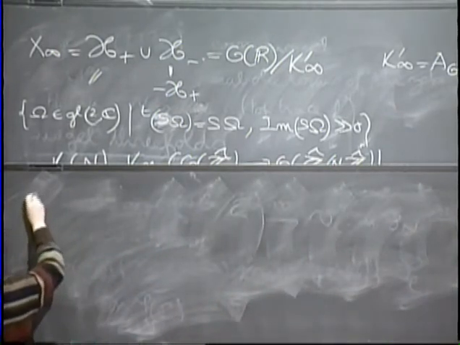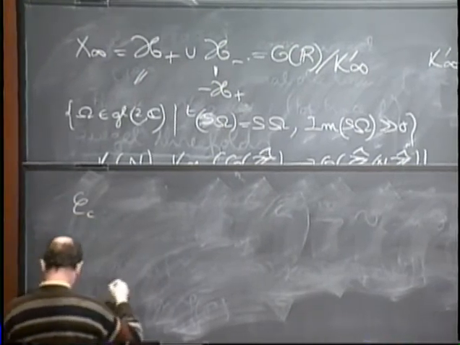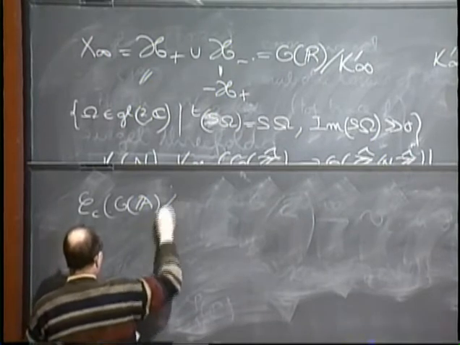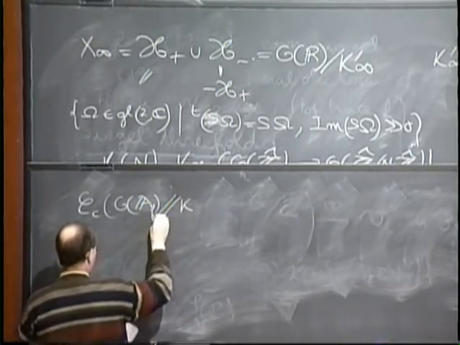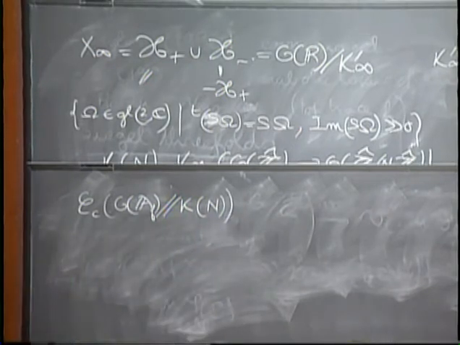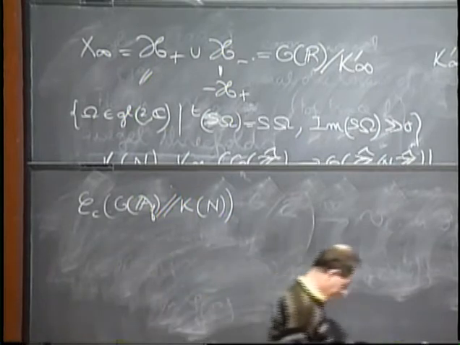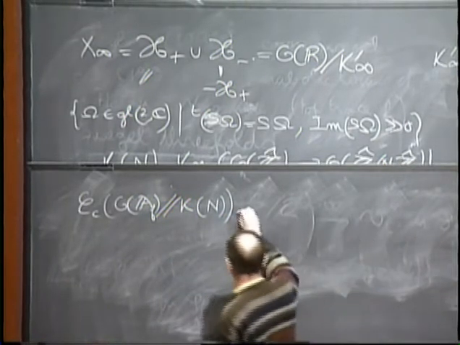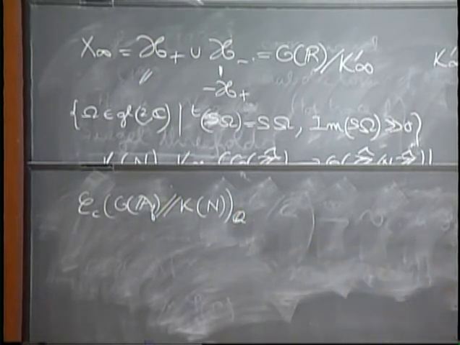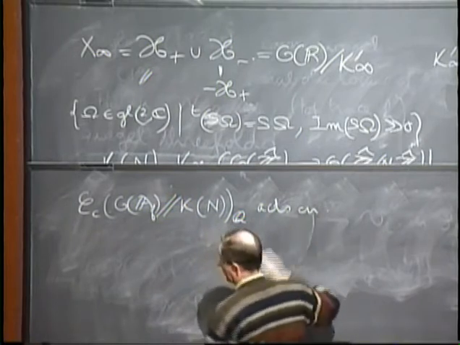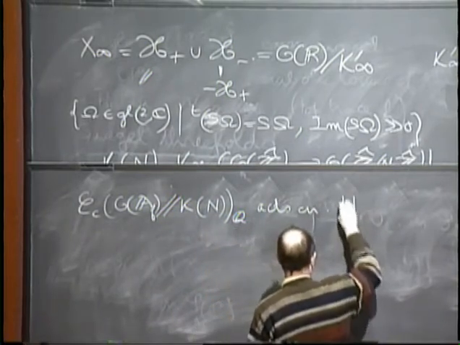The Hecke algebra is the algebra of locally constant functions with compact support on the finite part of the adeles divided by the maximal compact outside infinity. And I take them with Q values, so that I have no problem of rationality. And this acts on the cohomology with compact support.